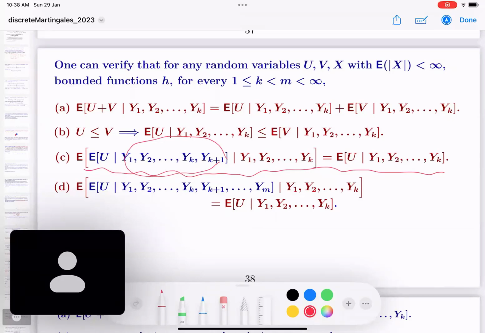We can verify these values via algebra. And while I've only given one more variable, you can give many more, and the same thing works. Expectation of u given y1, y2, yk plus 1 up to ym, and then y1 to yk, is the same as expectation of u given y1 to yk. So instead of R2, R3, we can do Rk and Rk plus m. Same thing will work.